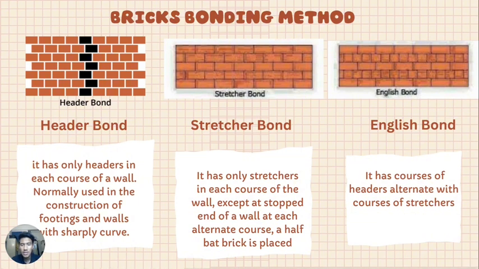In each heading course, a queen closer is placed next to the quoin header, and the rest will be headers. Okay, as shown in the figure. Comparatively, the lack of straight joints gives this bond the strongest rating compared to all the bond methods.